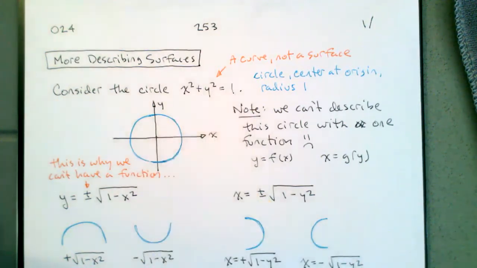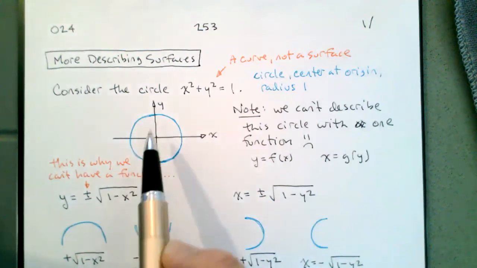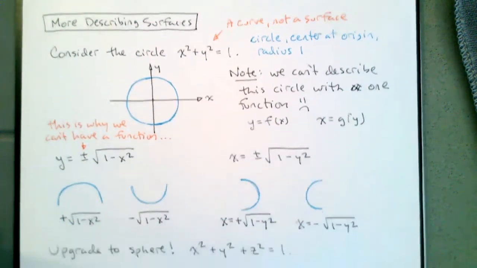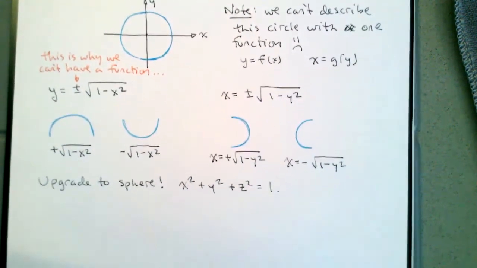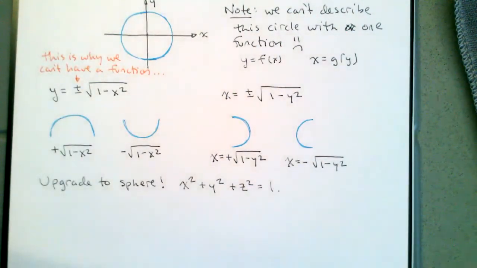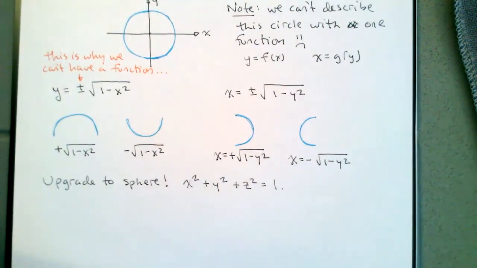And now I'm dealing with a region, a circular region. But when we write the equation x squared plus y squared equals 1, we're just getting this curve in R2. Similarly, when we write x squared plus y squared plus z squared equals 1, we're getting a surface in R3.